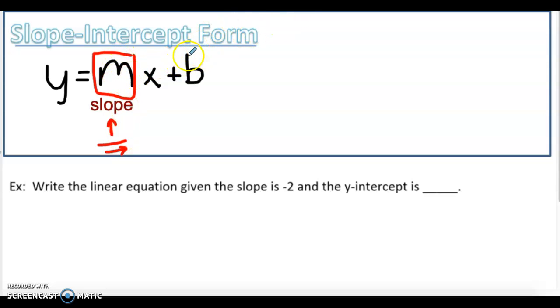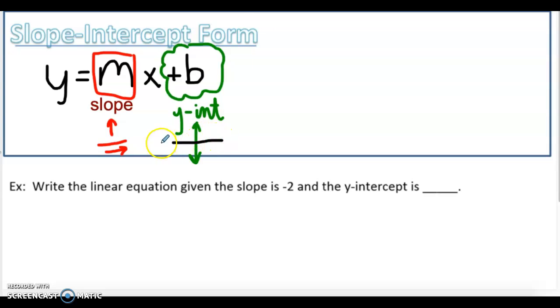And then we have our b value, and that stands for our y-intercept. Our y-intercept is where the graph crosses the y-axis. Remember, our y-axis is our vertical axis, the one that goes up and down. If the y-intercept is positive, that's values above the x-axis. If the y-intercept is negative, that's values below the x-axis.